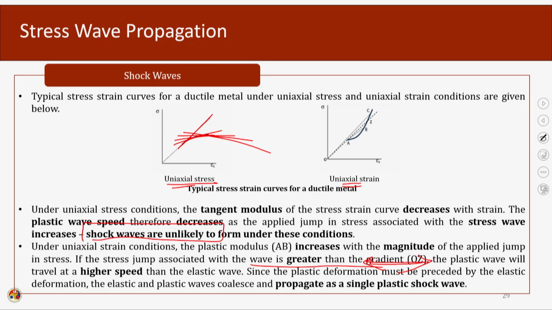Since the plastic deformation must be preceded by the elastic deformation, the elastic and plastic waves coalesce and propagate as a single plastic shock wave. So, this will give rise to a shock wave during a plastic wave.